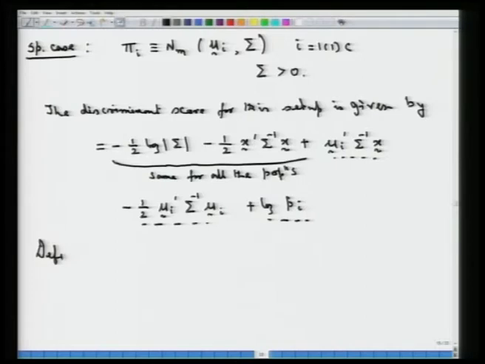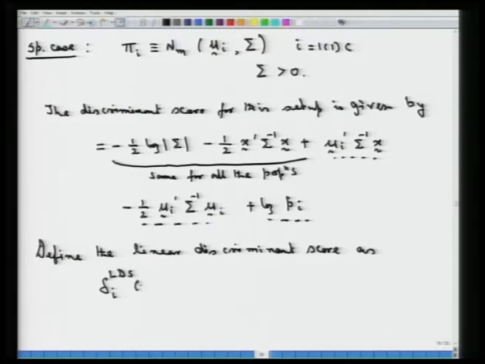In this situation what one does is to define the linear discriminant score, say delta I, the linear discriminant score with respect to this observation x, which is now given by mu I transpose sigma inverse x minus half mu I transpose sigma inverse mu I, plus log of pi.